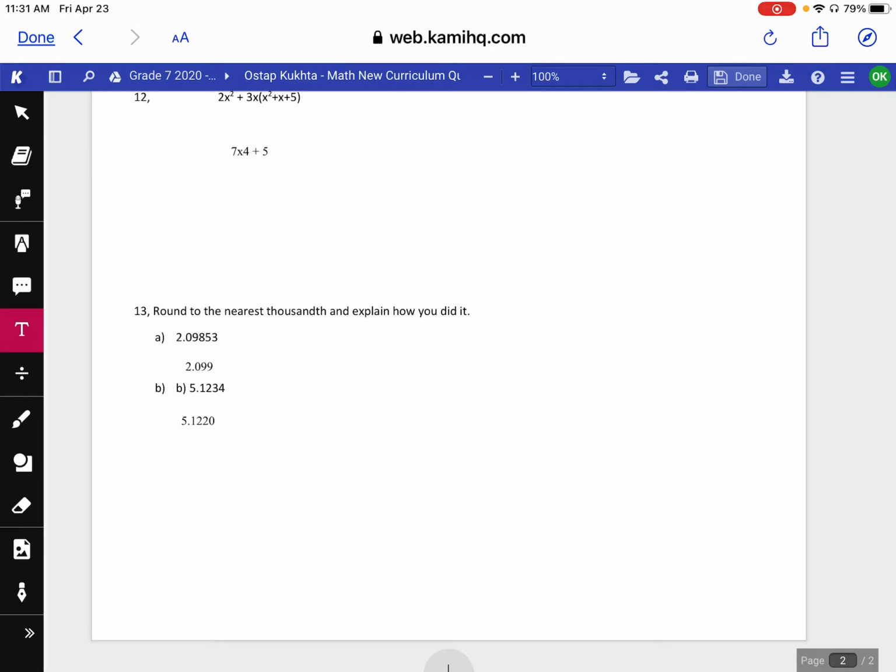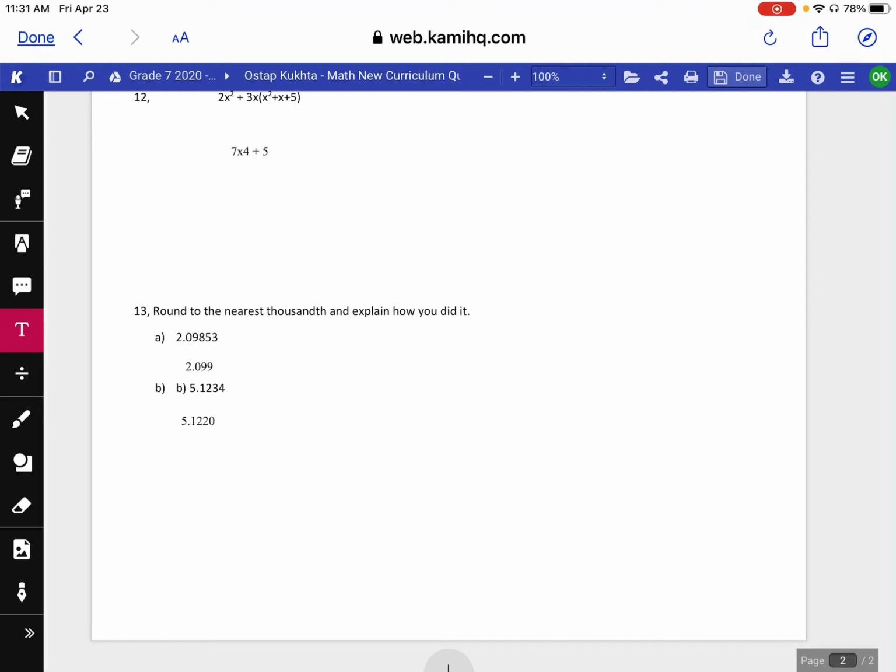The first number, 2, is the ones, and then the second number is the tenths, the 9 is the hundredths, and the 8 is the thousandths. So right now there's 2 numbers behind the thousandth, so you have to take both numbers into play. Well, generally, it would be the first number behind it.